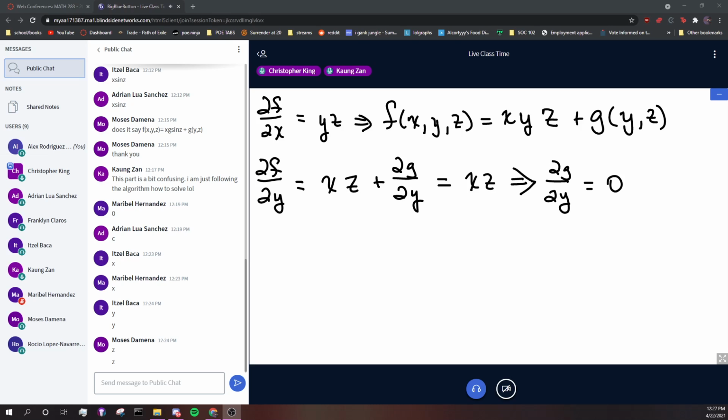So we can say that, and I'm going to put an arrow here so we make sure everyone's following. If we integrate in respect to y, that means g of y, z is going to be equal to what?